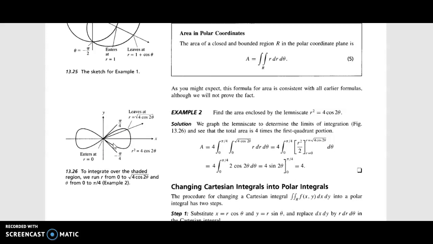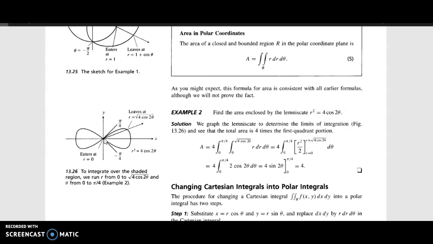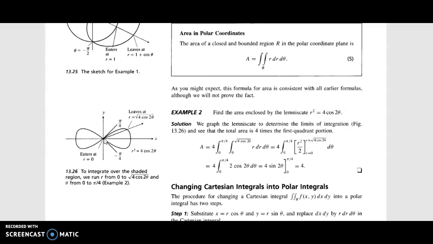Here we draw a line starting from the origin through the region R. It starts from 0, moves through the region and leaves at this point, which is determined by the curve r equals the square root of 4 cos 2 theta, that is 2 root cos 2 theta.